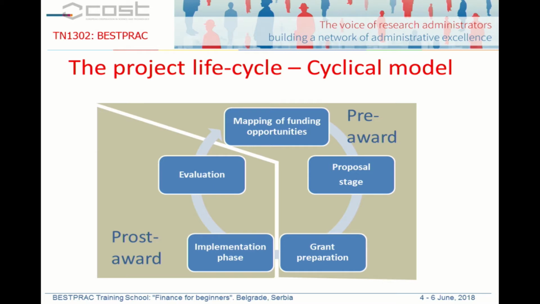If you're proactive, you try to lobby, although you don't use that word, the European Commission to change the work program, to find something there that your professor or researcher can be a good candidate to win. But later, when a work program is published, you just have to take it as is and still map the opportunities to the researchers in your organization. So that's the mapping of funding opportunity stage.